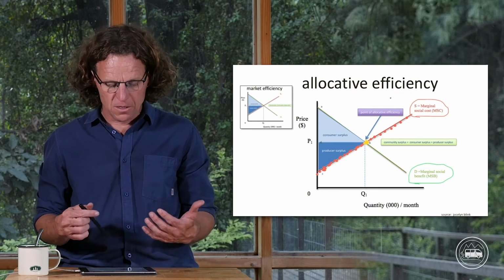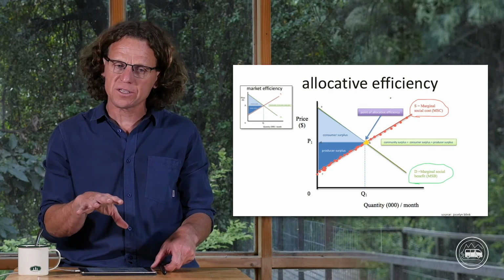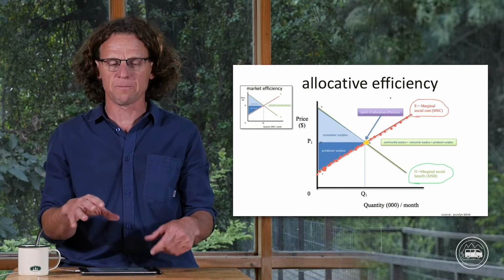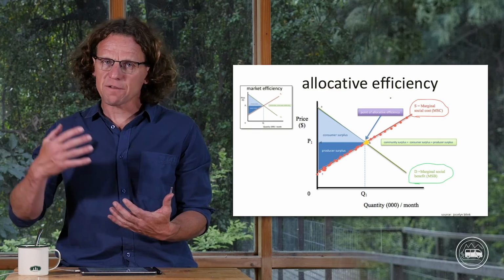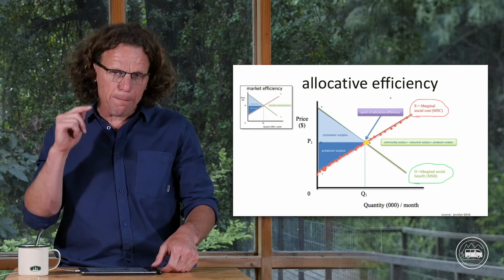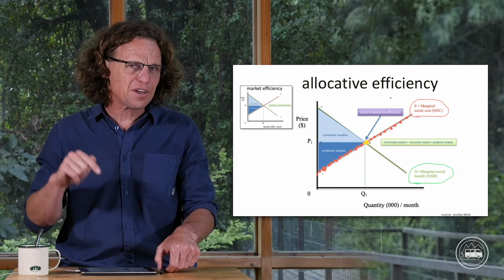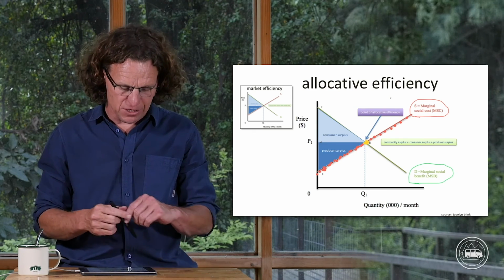So this allocative efficiency graph is really important, not now for your studies of demand, supply, and market equilibrium, but really important for your understanding of market failure later, because market failure means that the purchase of a product is going to mess with that perfect point of allocative efficiency.